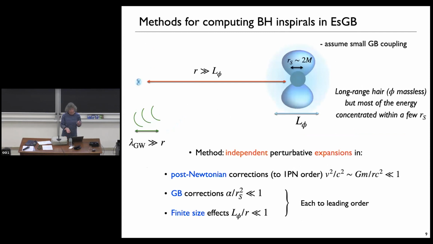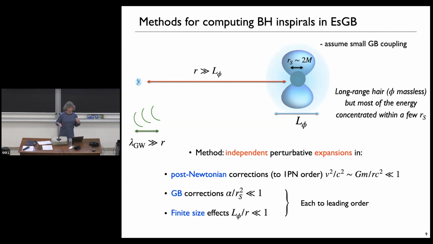Now, we are interested in putting such a scalarized black hole in a binary system and adapting the general methods I discussed before to this particular case. The black hole still has the Schwarzschild radius as its characteristic scale in the small coupling approximation. But then we also have the scale of the scalar condensate around it, which, since we are considering here a massless scalar field, falls off quite slowly.